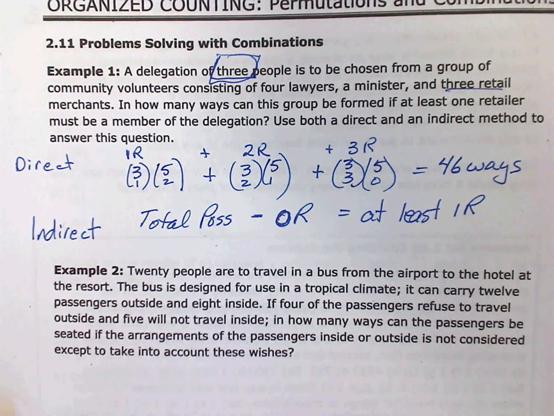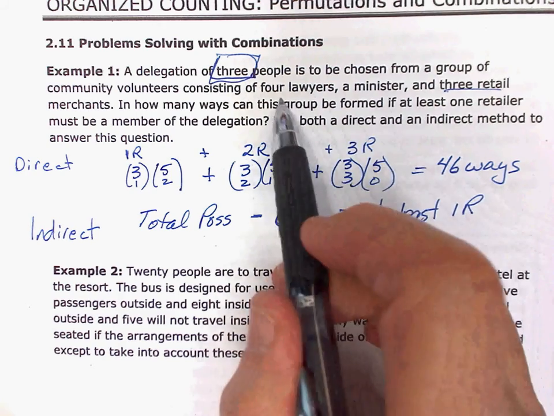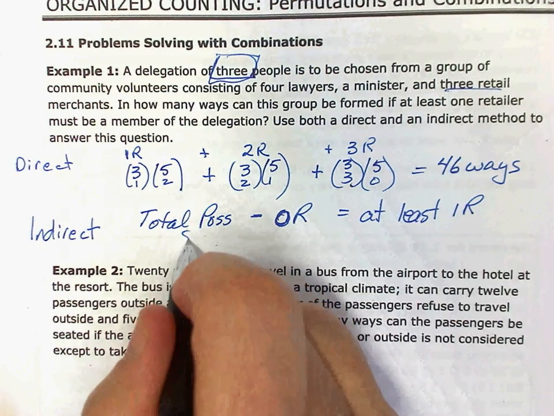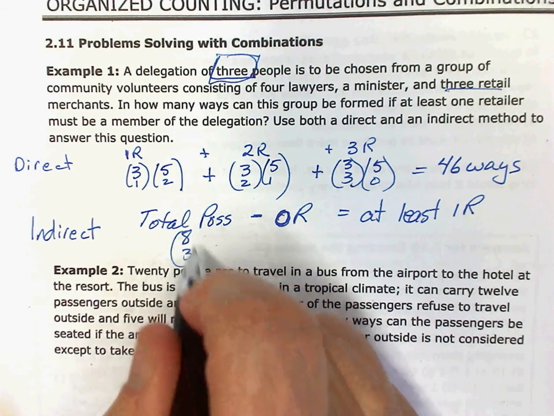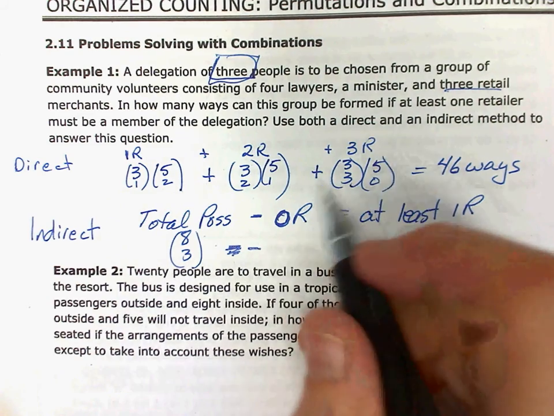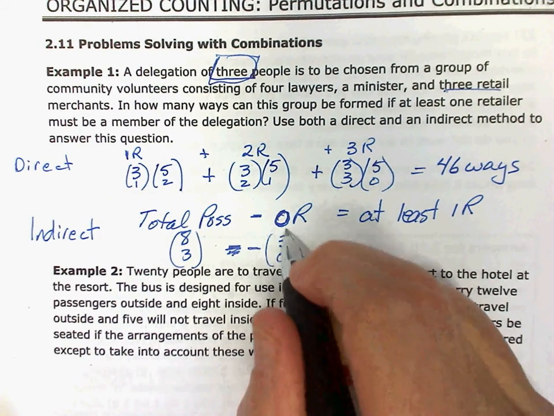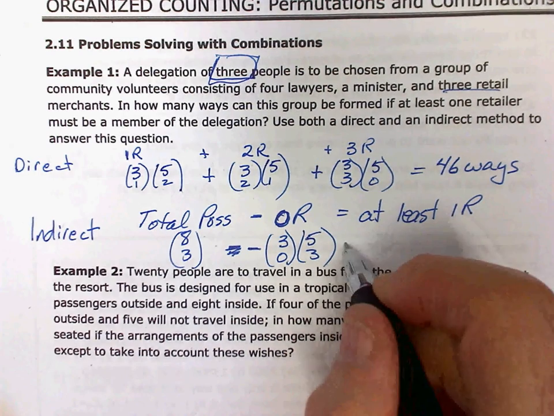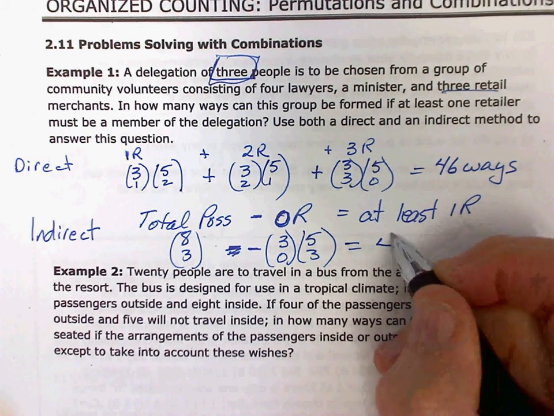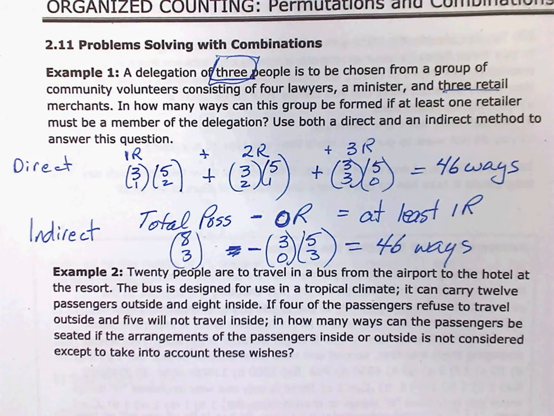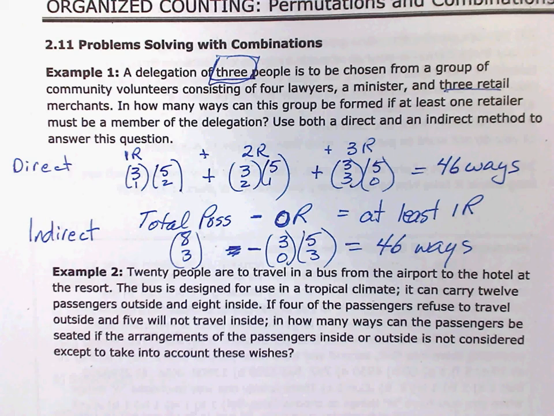Okay, so total possibilities is there's 5, 8 people to choose from, choose 3. Now we're going to subtract, oh, that should be a minus sign. Now, out of the 3 retailers, we are choosing 0, and out of the remaining 5, we're going to choose 3. And you get, lo and behold, 46 ways, right? So that indirect involves subtraction. Direct, we're just adding them up.